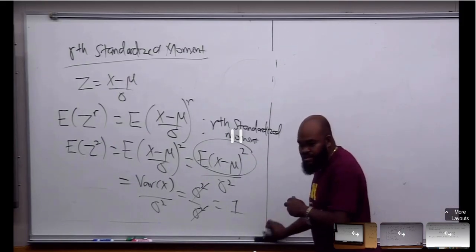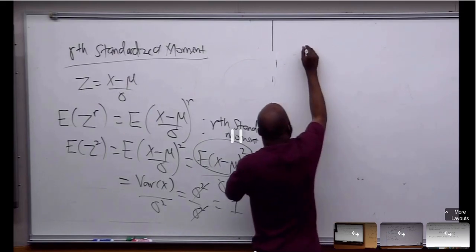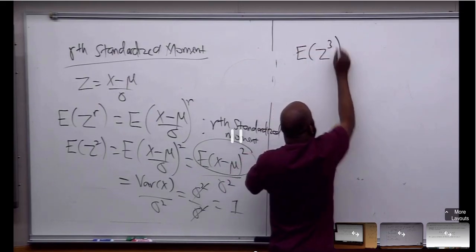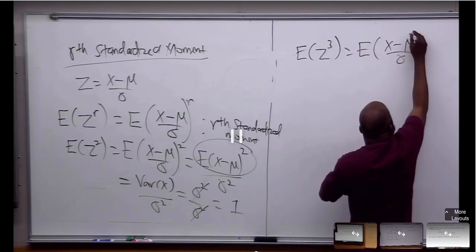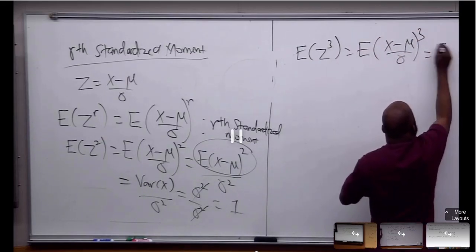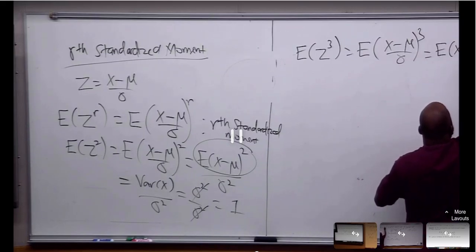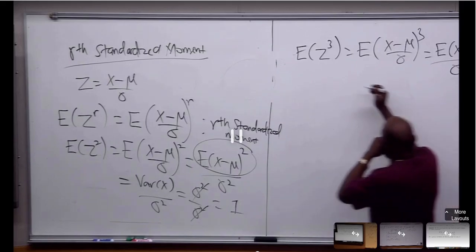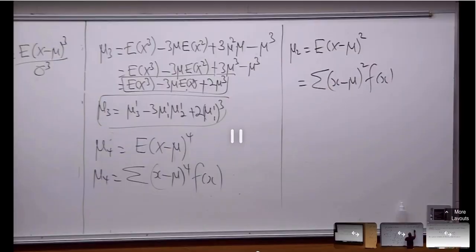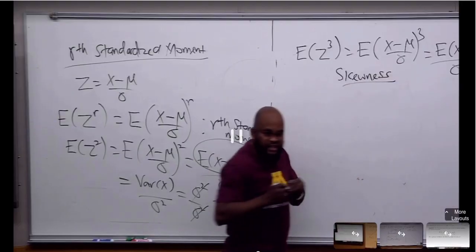So the expectation of Z raised to power 3, which is this or that raised to power 3, divided by that. This is what we call skewness in statistics. Now let me tell you the significance of skewness.